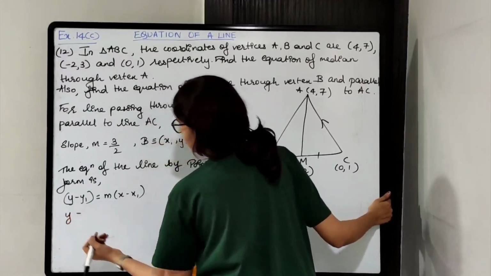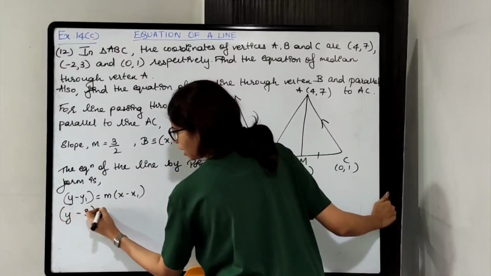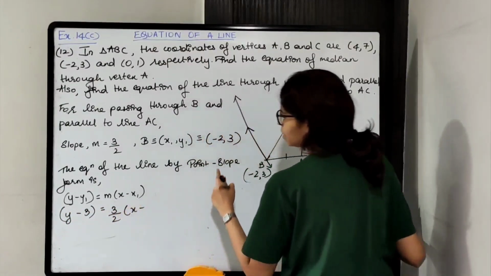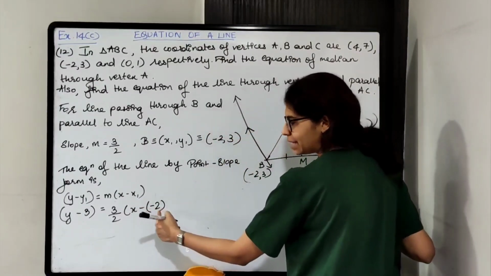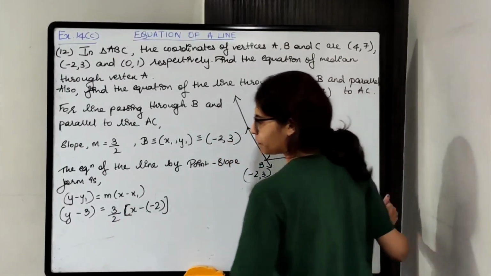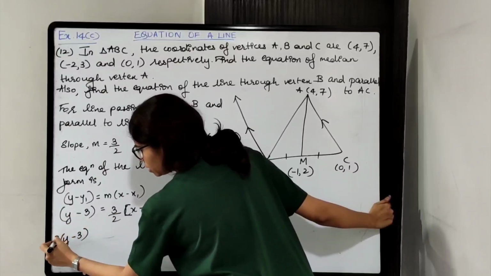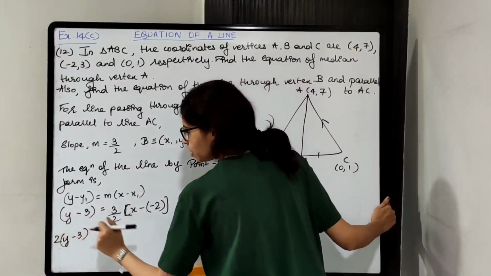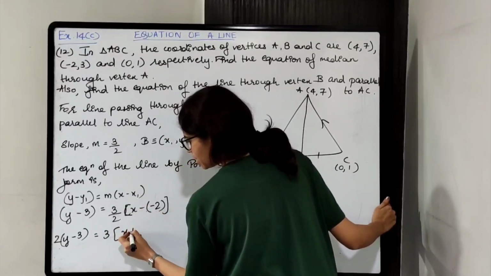Y as it is, y1 is 3 and it is equal to m, that is 3 by 2 into x minus x1 is minus 2. So yahan pe minus sign hai, don't forget this part, box brackets daal do. y minus 3, shifting 2 on the other side, you cannot keep it like this, simplify karna padega. So shifting 2 on the other side, 3 into x minus minus plus ho jayega.